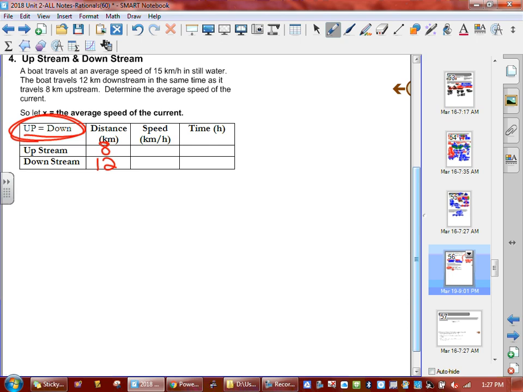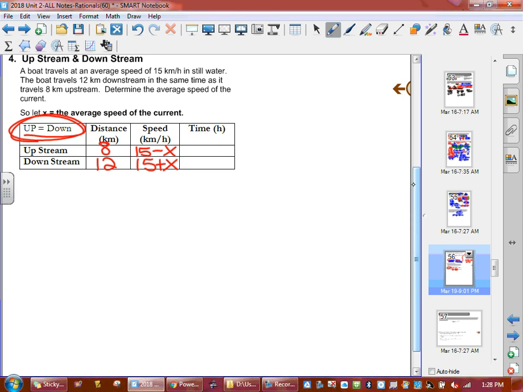So the speed, well, going upstream, we are going slower. So we would subtract the current. So minus x. Or sorry, we add the current, but we're minusing still water. Here, 15 plus x, because downstream is much faster, we would add the current. Okay? When you're upstream, you're going against the current, it's much slower. Okay?